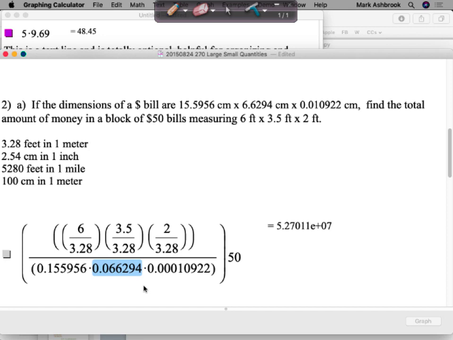What does that number mean? Width of? Right, or the smaller dimension of a bill in meters. That's right. And then the whole thing on the bottom would be the volume of a bill in meters cubed. Super small.